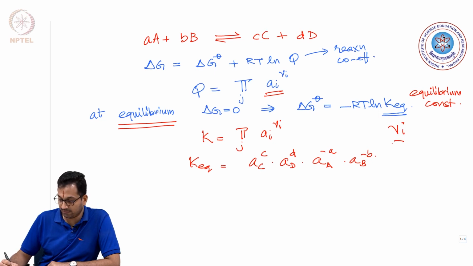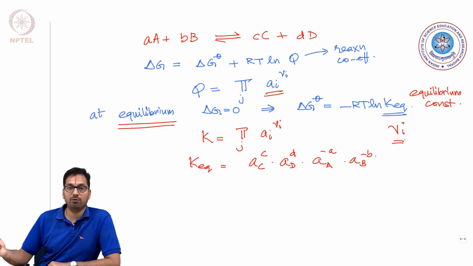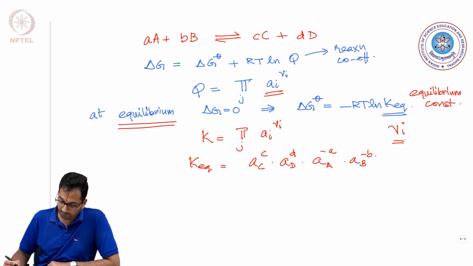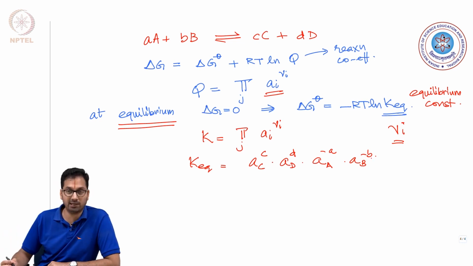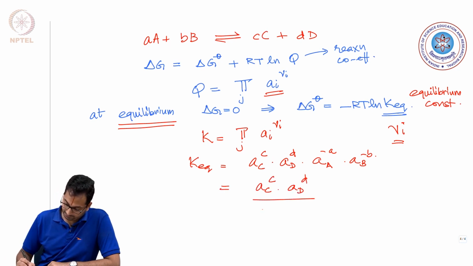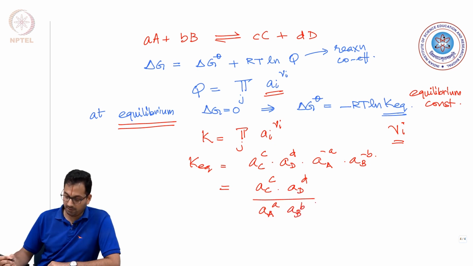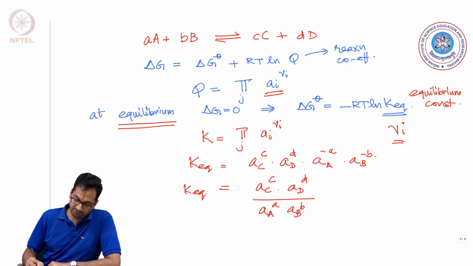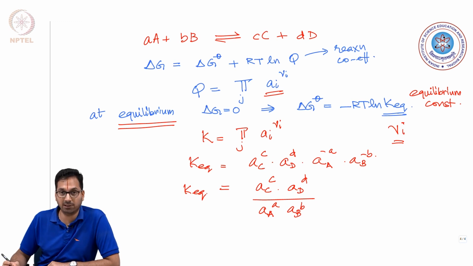Nu i is determined by whether you are in the reactants or the products. So, the products being positive, reactants are multiplied by minus 1. So, therefore, you get a minus a or minus b. Of course, in standard textbooks you are going to see this written in a different form. So, this is nothing but the equilibrium constant, which is expressed in terms of activity.